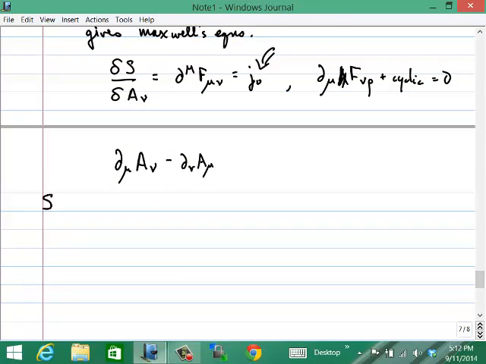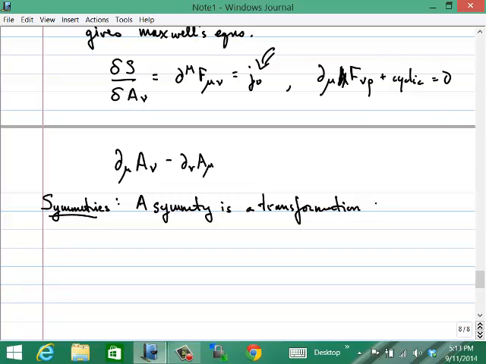So let's talk a little bit about symmetries. A symmetry is some sort of transformation, that is to say, some sort of rule, which, given some field configuration phi, allows you to construct some new field configuration phi prime that's some function of the original field configuration that leaves the equations of motion unchanged.